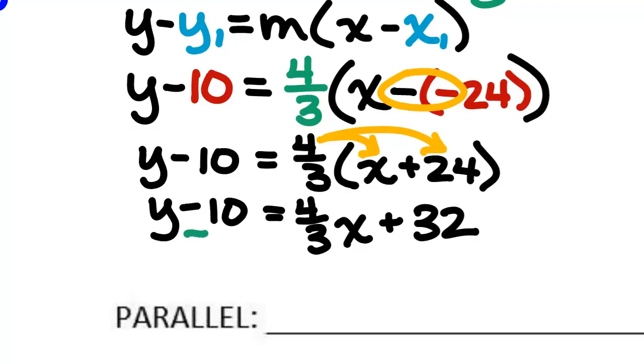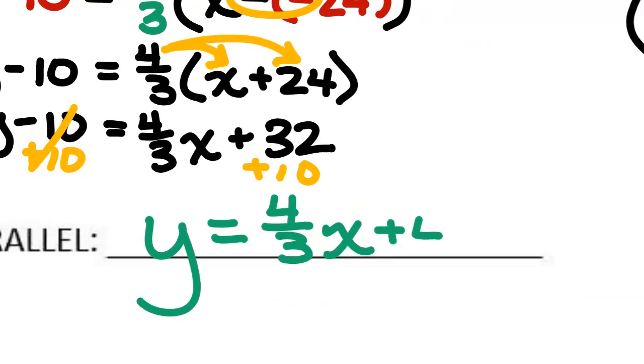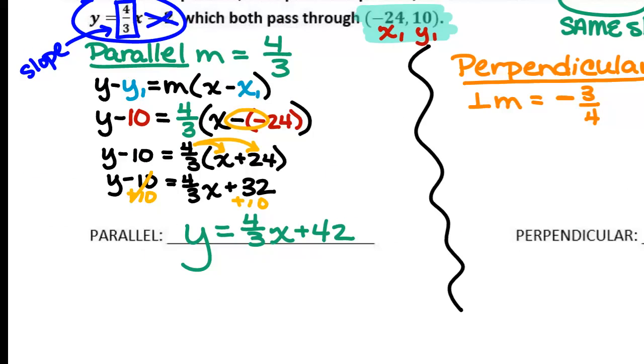Then we have to add the 10 to both sides. And so my parallel line equation would be y equals 4 over 3x plus 42.